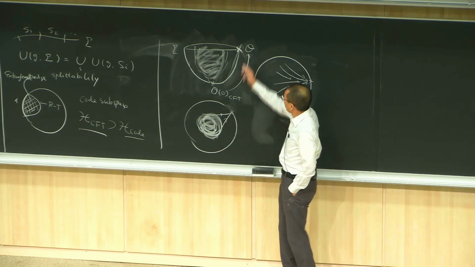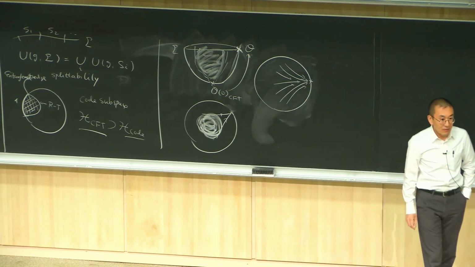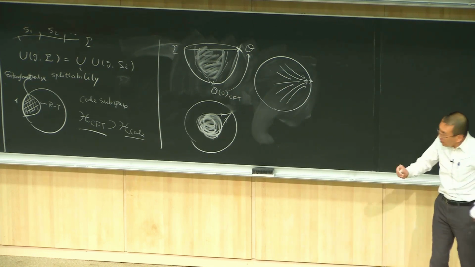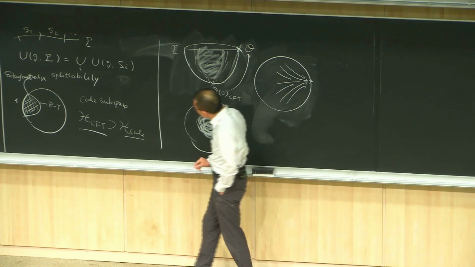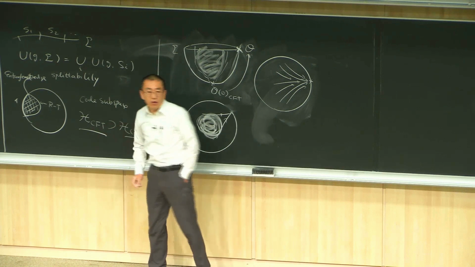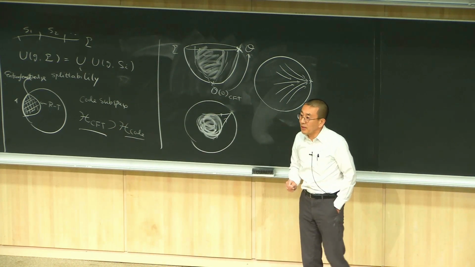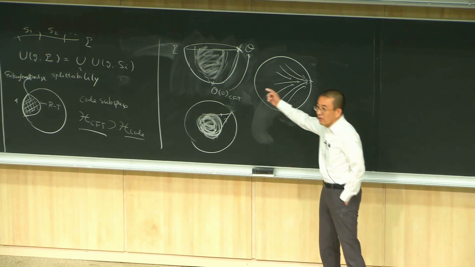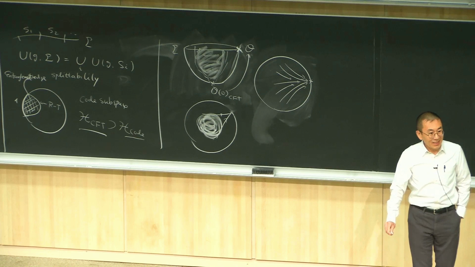But those, therefore, act on these local operators on the boundary. So therefore, if you have a symmetry in quantum gravity in ADS, then it should act on the Hilbert space of the conformal field theory, and it should act non-trivially on the space of local operators of the conformal field theory.